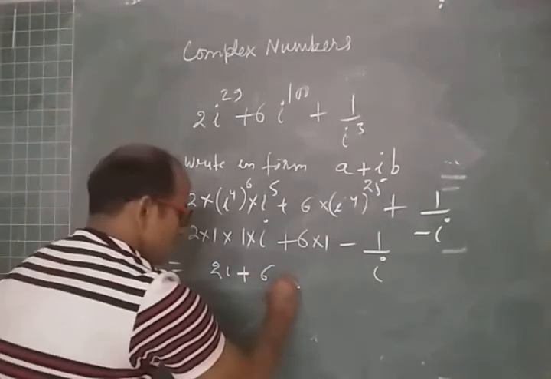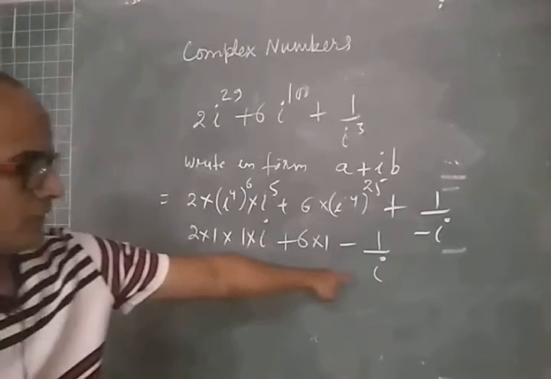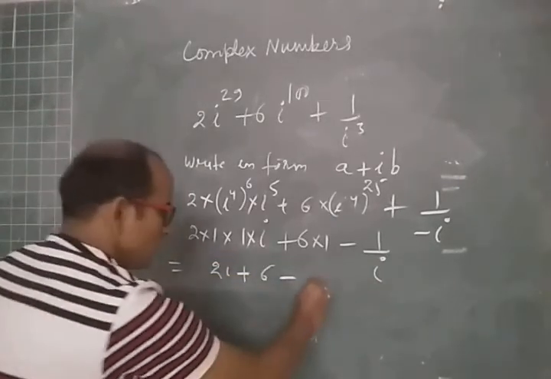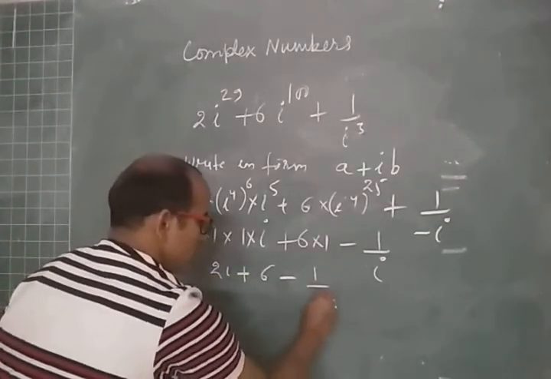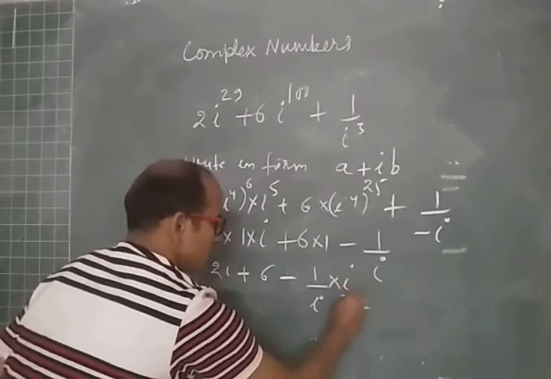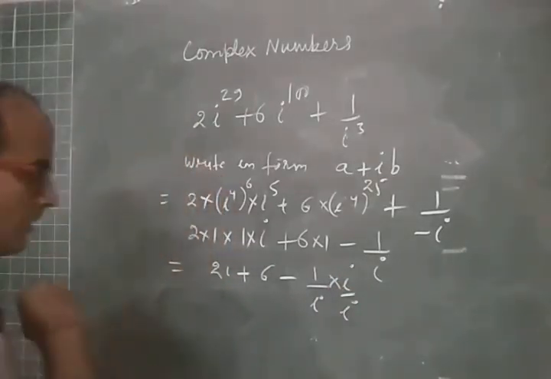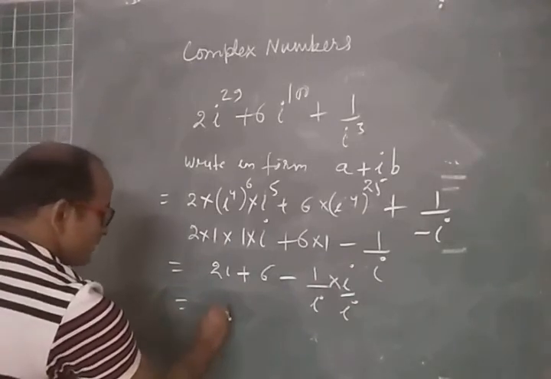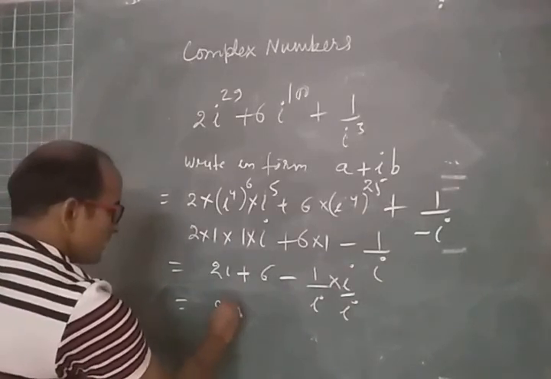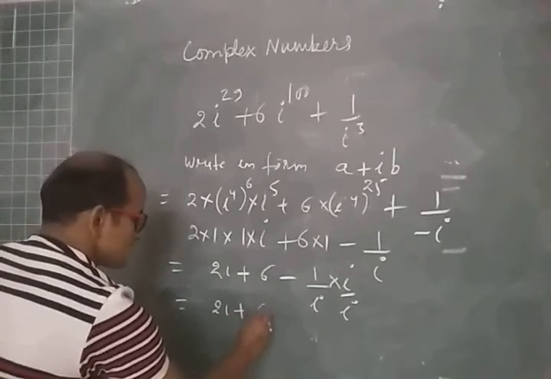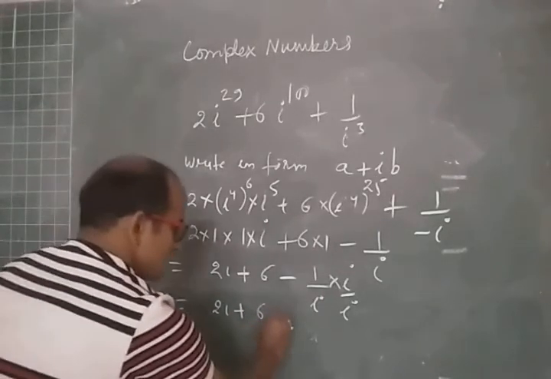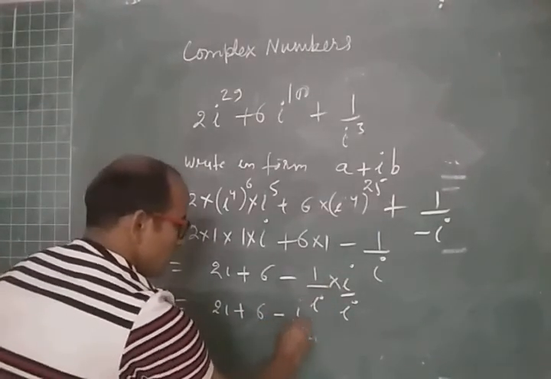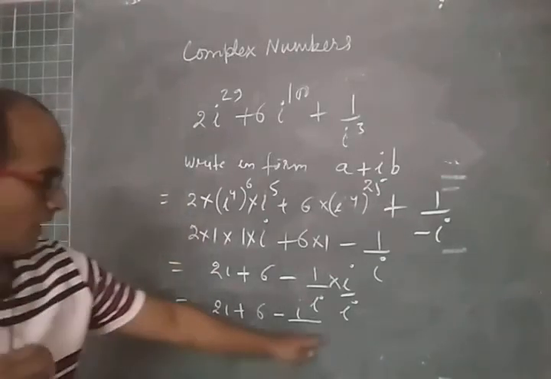And remember, iota should not be in the denominator. So what will you do? You can multiply and divide by iota. Finally you can write it: 2 iota plus 6, minus iota upon iota square.